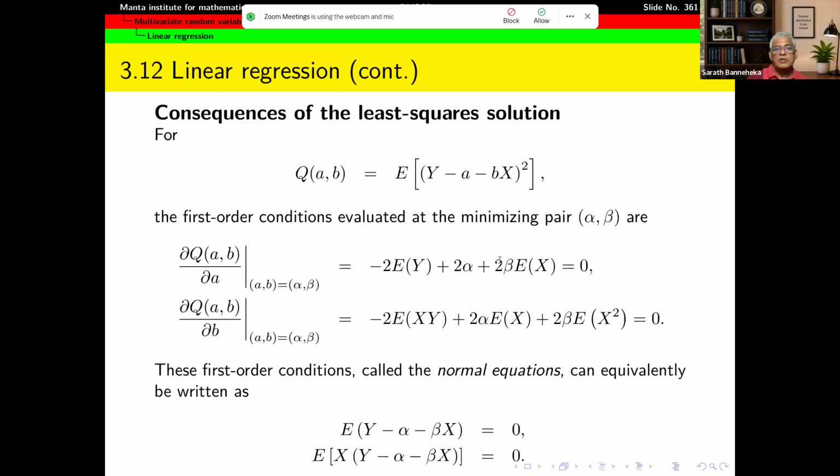Now, this one you can write down as this expression: the expected value of y minus alpha minus beta x is equal to 0. You can easily see that, right? This is equivalent to this. And similarly, this expression can be written as the expected value of x times y minus alpha minus beta x is equal to 0.